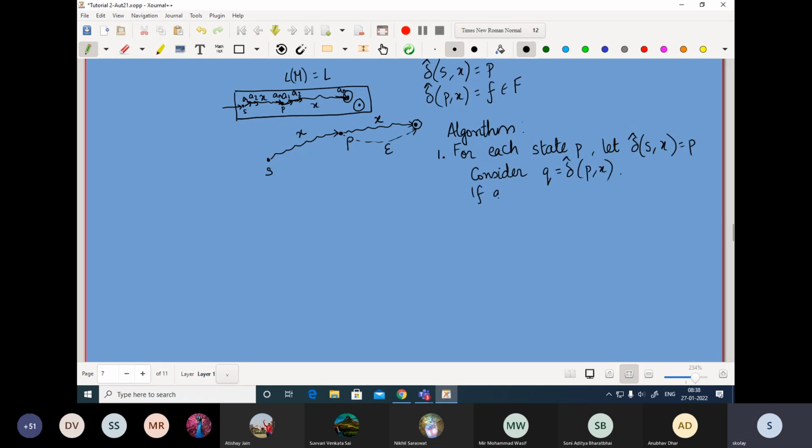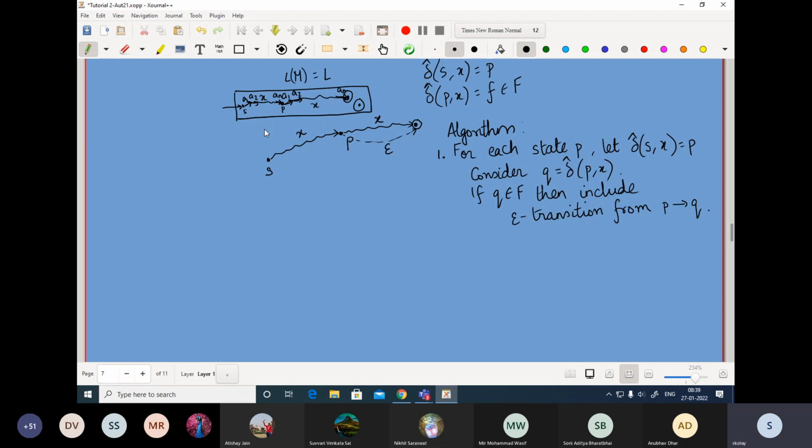So if Q belongs to F, then include epsilon transition, let's say epsilon transition from P to Q. Okay, this is one step.